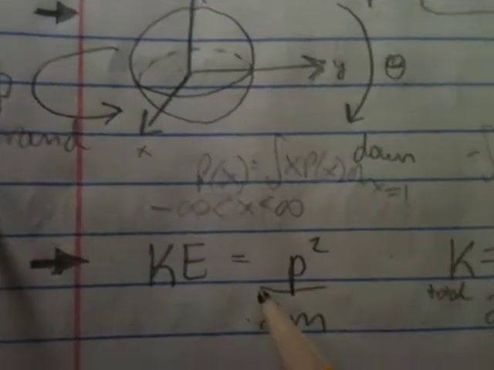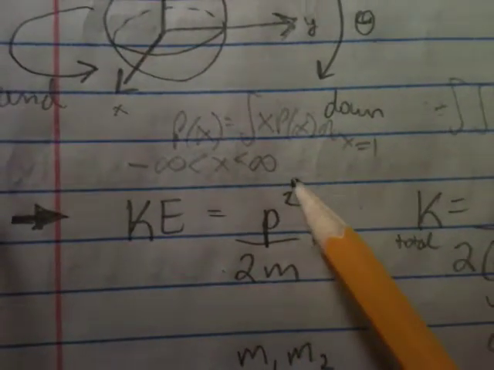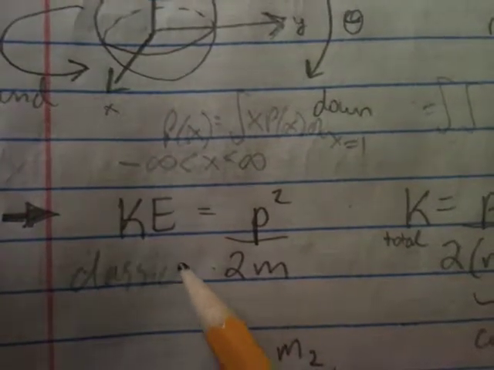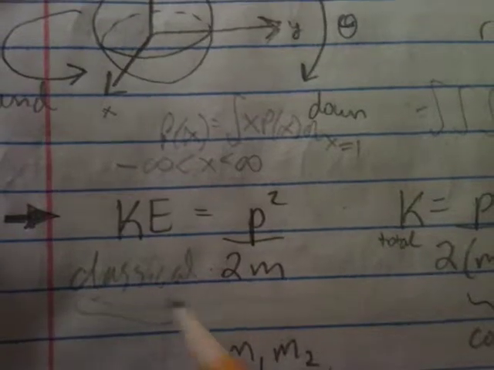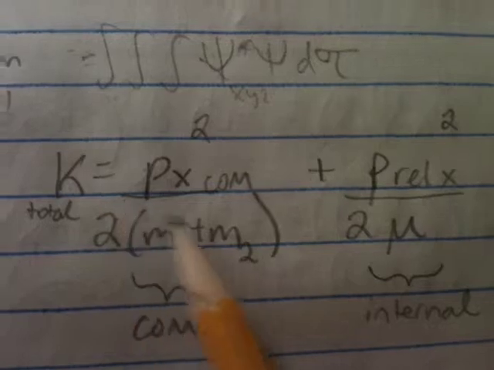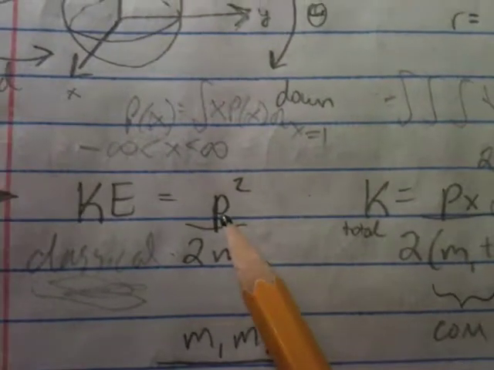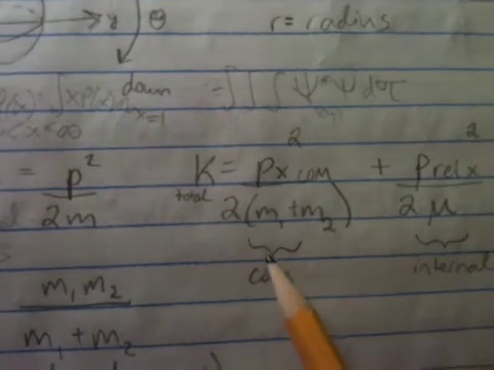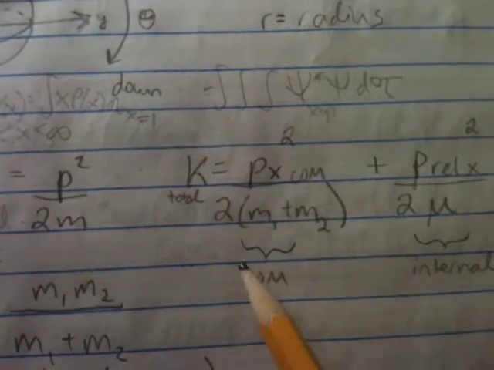Alright, so blast to the past: classical kinetic energy is given by the momentum squared over 2m. This is classical. Well, as you know, this is no good here because we're doing quantum, so we have to rewrite it in quantum terms. And it's actually pretty simple. You just rewrite this in terms of center of mass and internal.